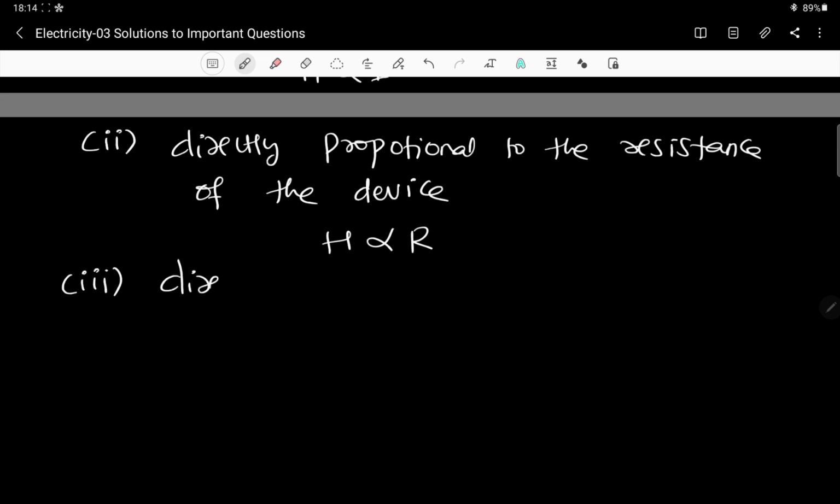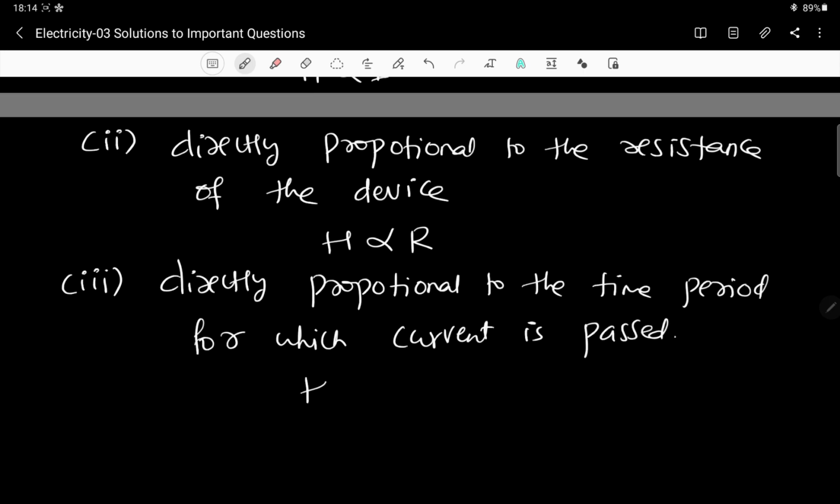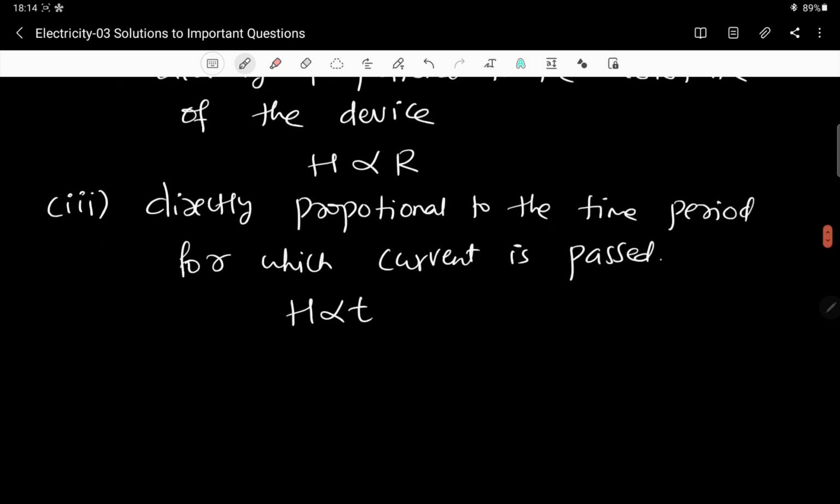Whatever heat is produced is directly proportional to the time period for which current is passed, all right. So H is directly proportional to t.